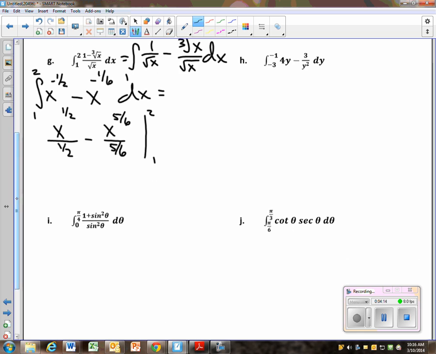So divided by the fraction, I can multiply by the reciprocal. So I got 2x to the 1/2 minus 6x to the 5/6 over 5. Evaluated again from 1 to 2.